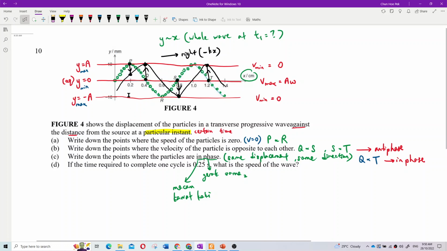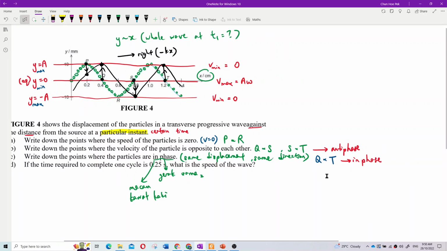So what I can say is, bila Q and T ni dia adalah difference 1 lambda. You see that? Q dengan T dia jarak beza 1 lambda, isn't it? Kalau 1 lambda difference is in phase lah.